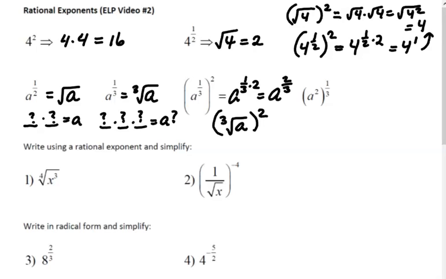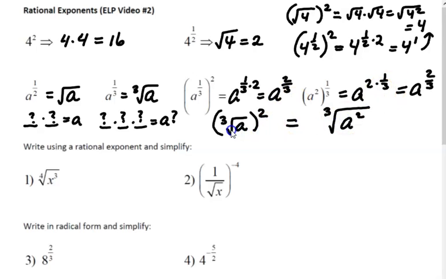Now what if we did a squared to the 1/3 power? Well, this would be a to the 2 times 1/3, which would also be a to the 2/3. So we could also say this is a squared and then take the cube root of that. So notice these two are equal to each other because they're both equal to a to the 2/3.